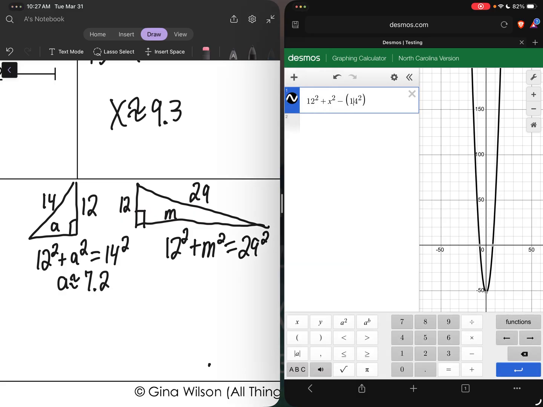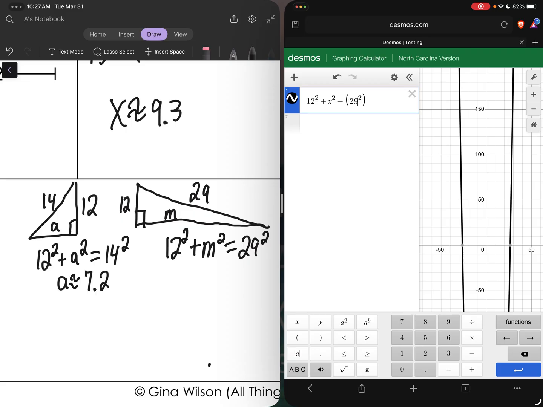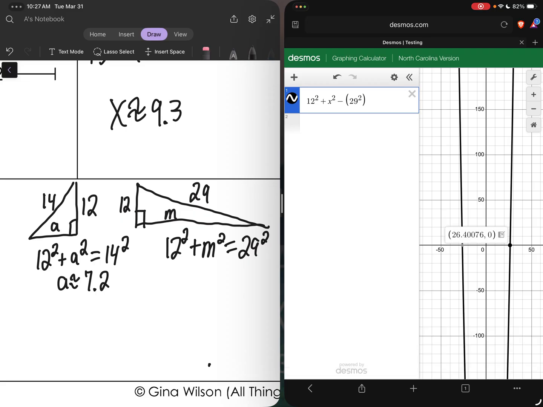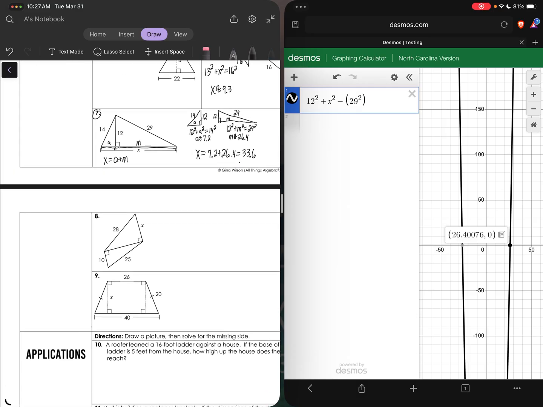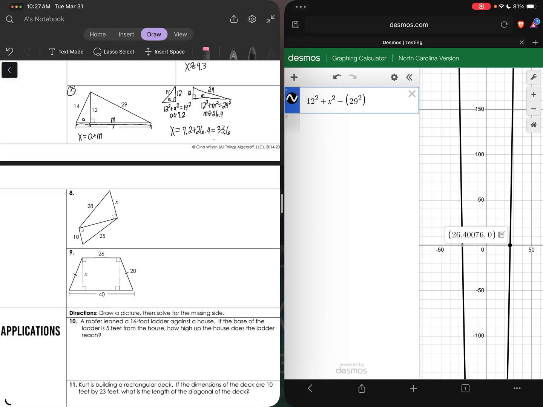And M is about 26.4. Okay, almost done with the problem. X is going to be equal to 7.2 plus 26.4. So that's 33.6. Try numbers 8 and 9.